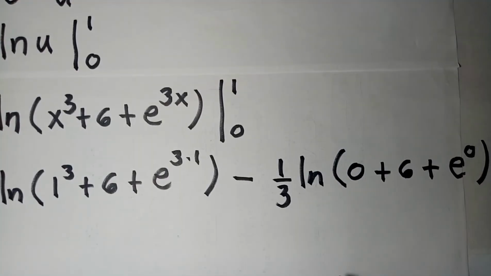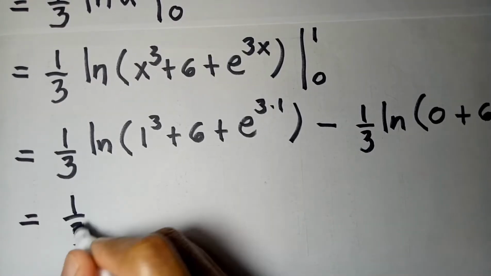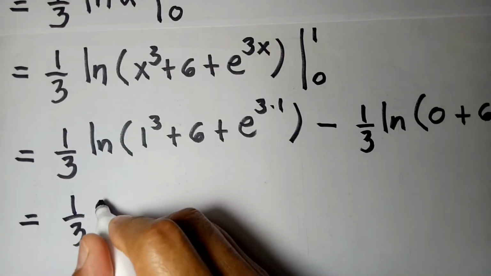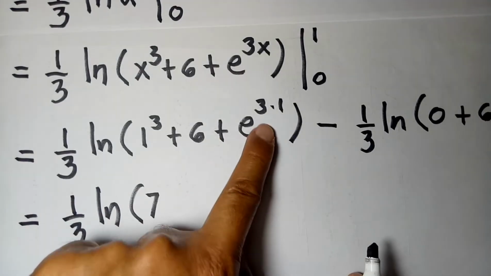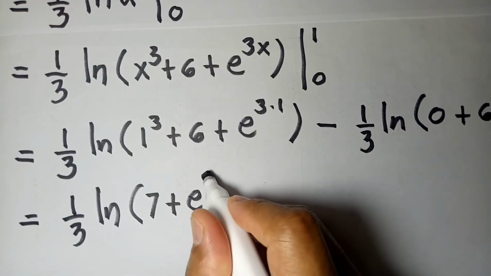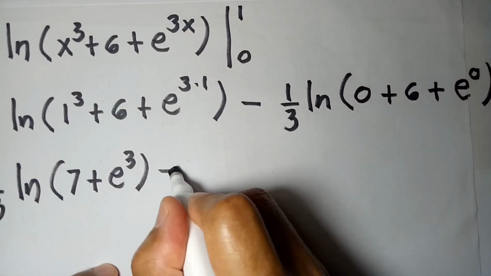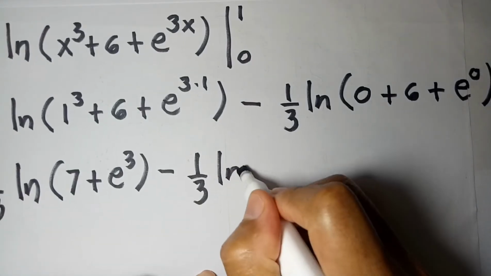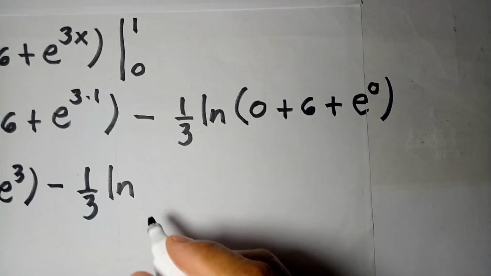Okay? So I will have 1/3. And then 1 cubed is 1. Plus 6 is 7. So ln of 7. E raised to 3 times 1 is e raised to 3. So plus e raised to 3. And then minus 1/3, this 1/3. And then ln of, and then 0 plus 6 is 6.